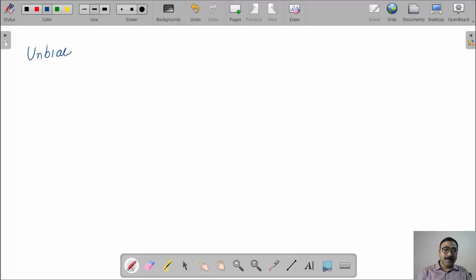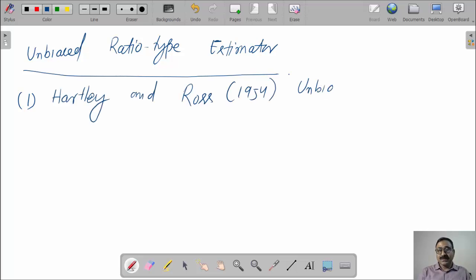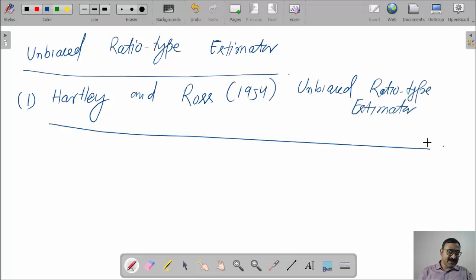So, under unbiased ratio type estimators, first we shall study the Hartley and Ross unbiased ratio type estimator. This is a simple technique which is used in the construction of an unbiased ratio estimator to adjust an estimator for its bias.